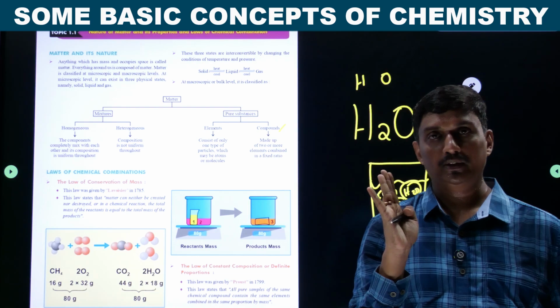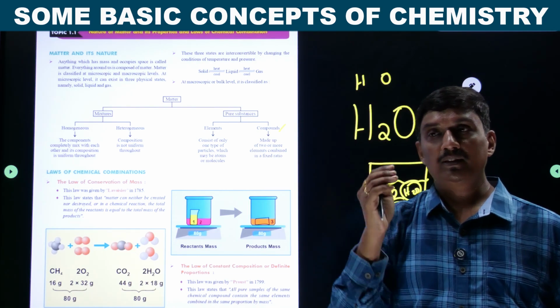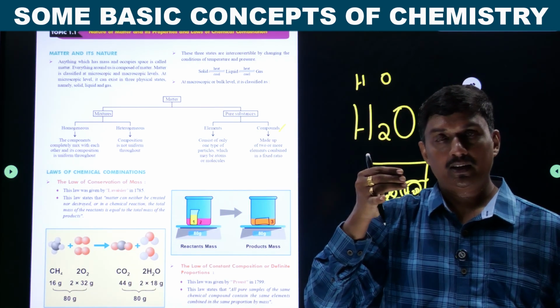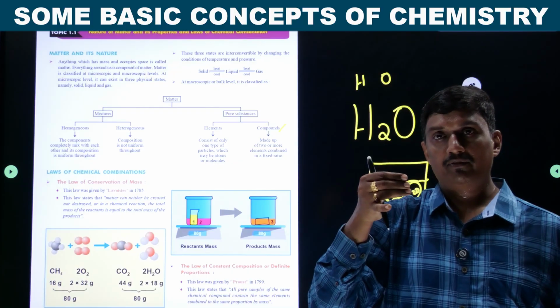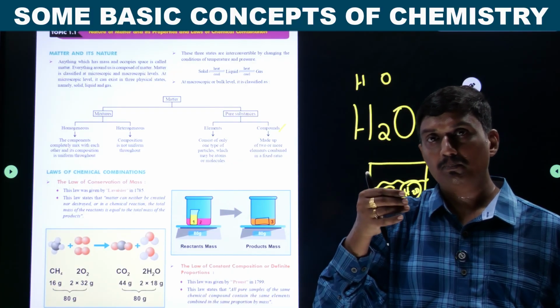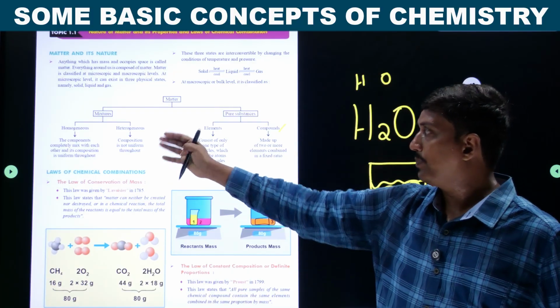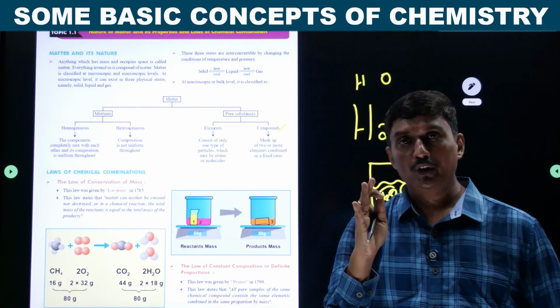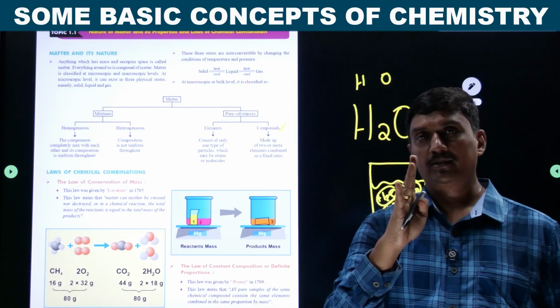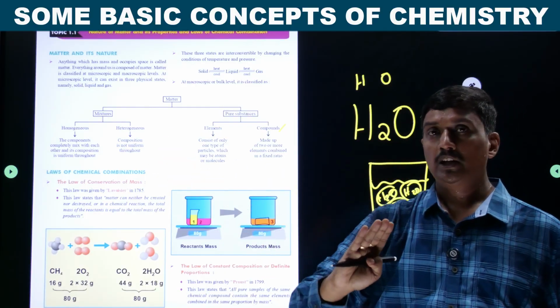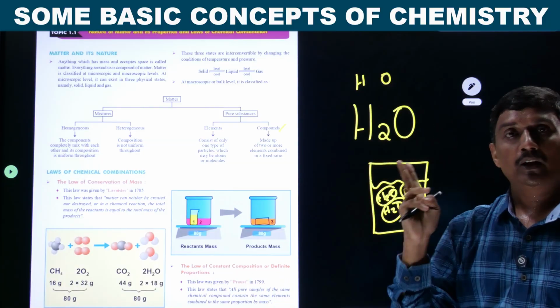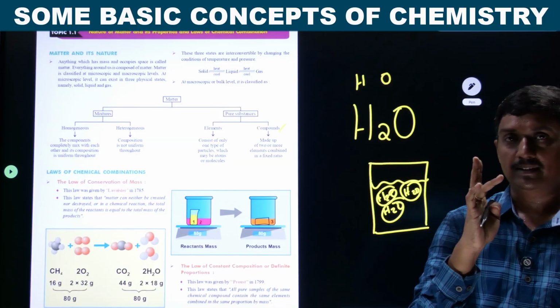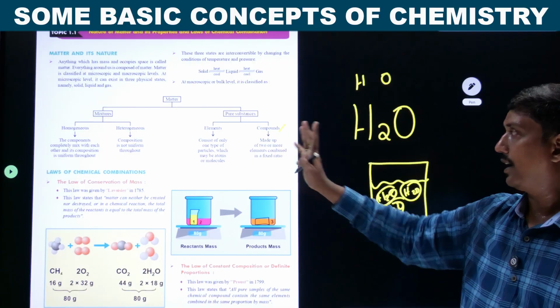Heterogeneous means different composition at different levels, regions or places. Non-uniform composition is said to be heterogeneous. If you come to a pure substance, we have two types. One is element, another is compound.